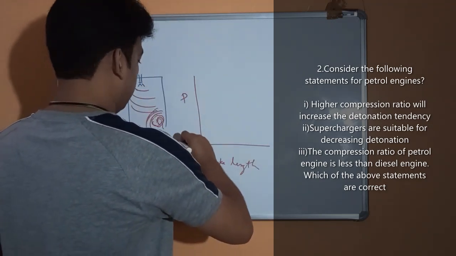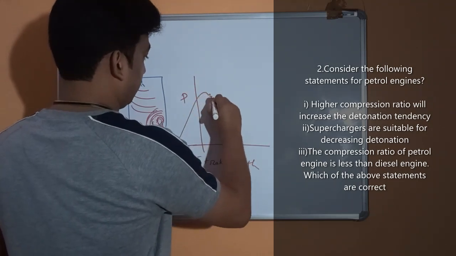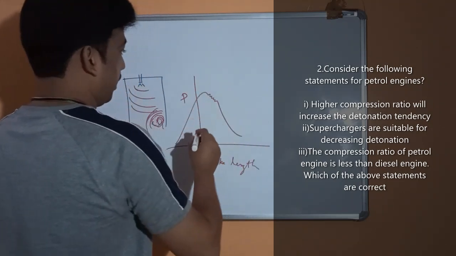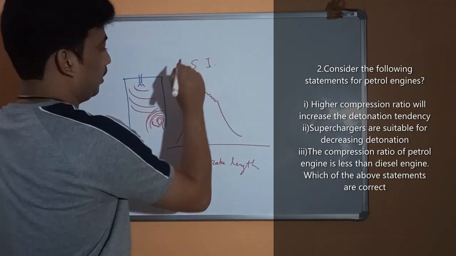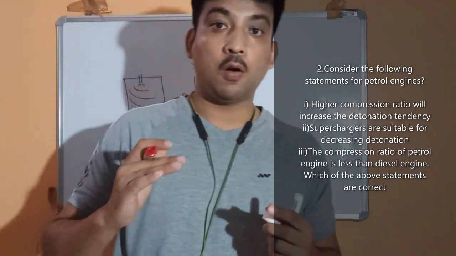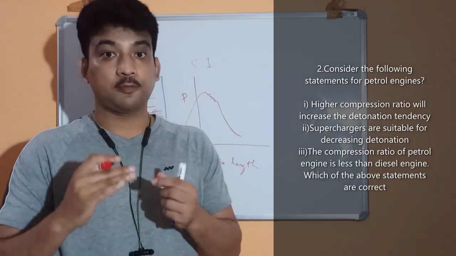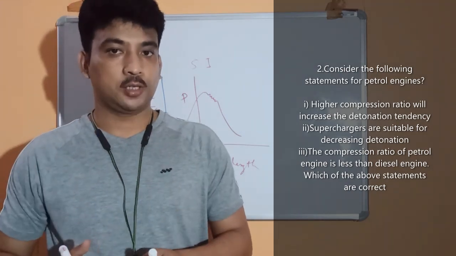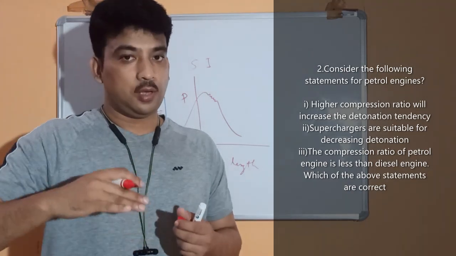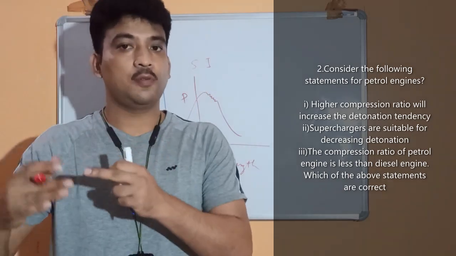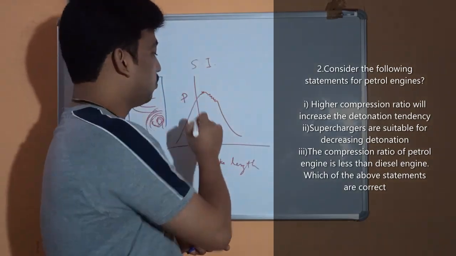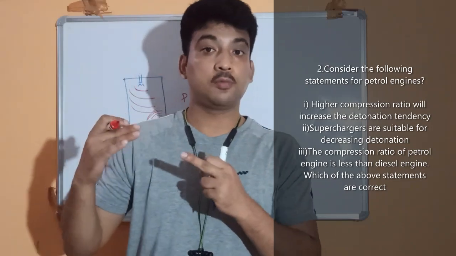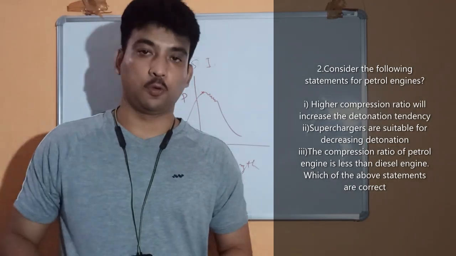In the case of an SI engine, the knocking occurs after combustion, after the spark has ignited. That's why if the compression ratio is more, if the temperature and pressure are more, then the tendency of knocking in a petrol engine is more.